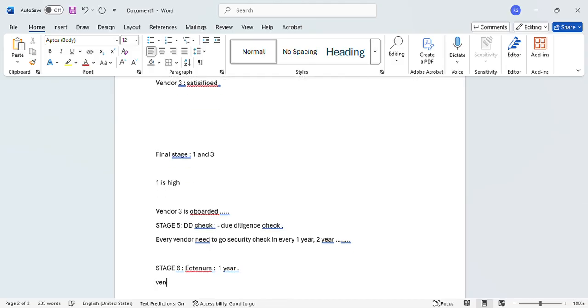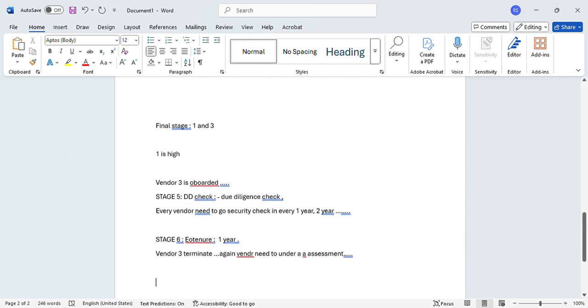If vendor 3 is supposed to terminate, for example, then again the vendor needs to undergo an assessment. Why do they need to go through the assessment? Because the client has to remove the data from the vendor's environment.